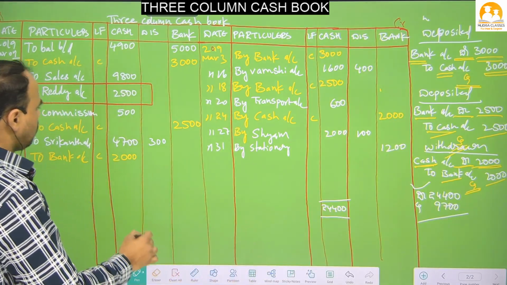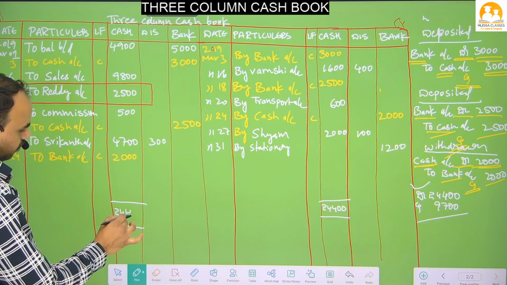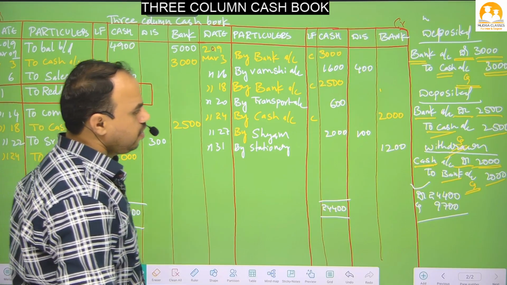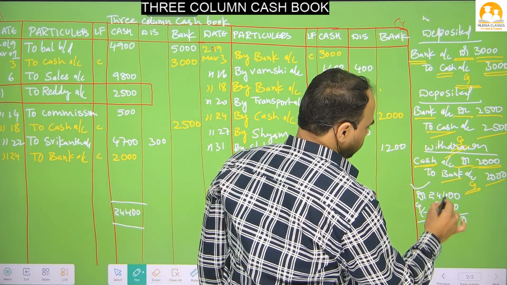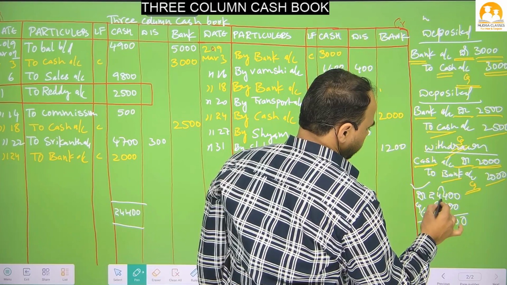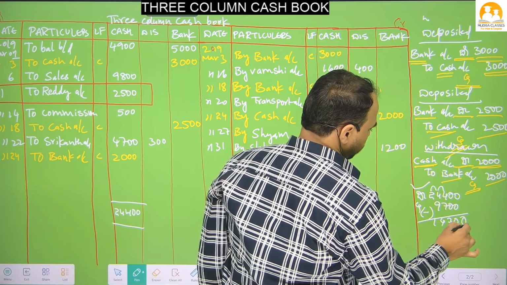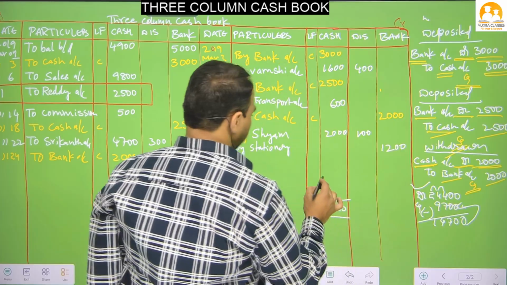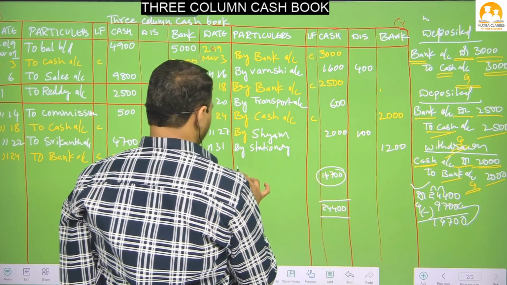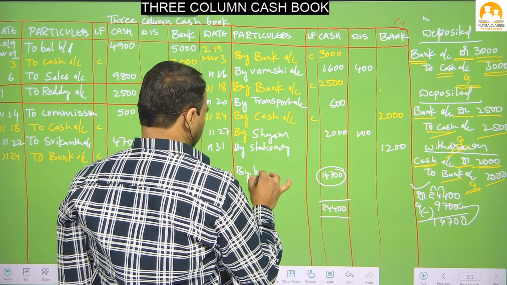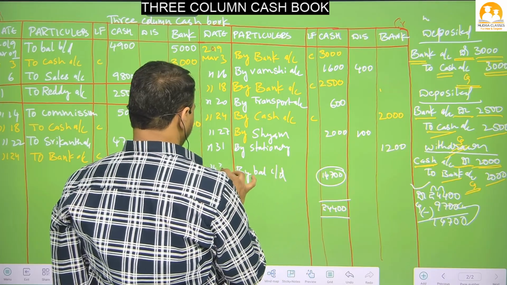Now subtract the small amount from the big amount: 14 minus 7, 7. Take carry here, 13 minus 9, 4. So 14,700, write on the credit side. This is called by balance carried down, date 31st.